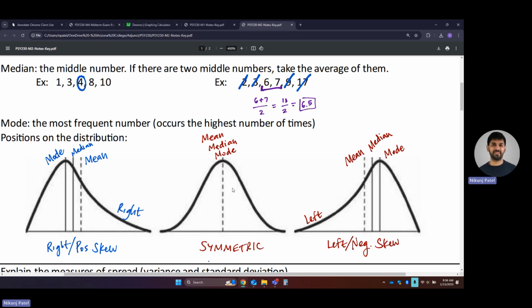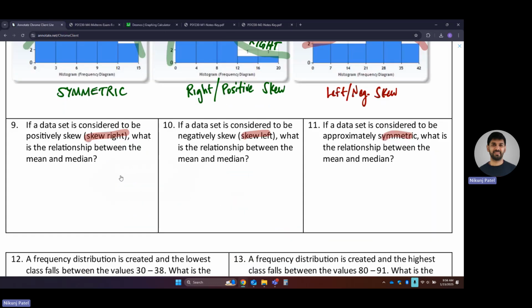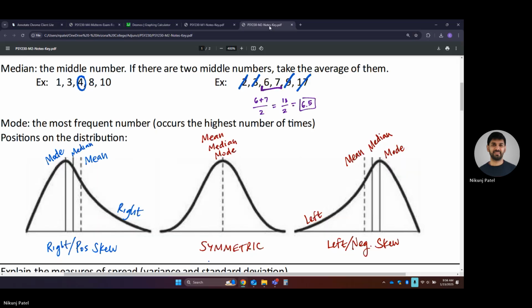So here's what you should have had in your notes, or this is what we talked about during class for that type of problem. For example, in a skew right data set, what's the relationship between the mean and the median? When it's skew right, you look closely, the mode, median, and mean go in this order from left to right.